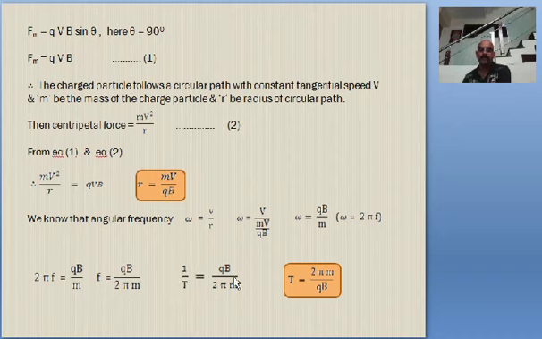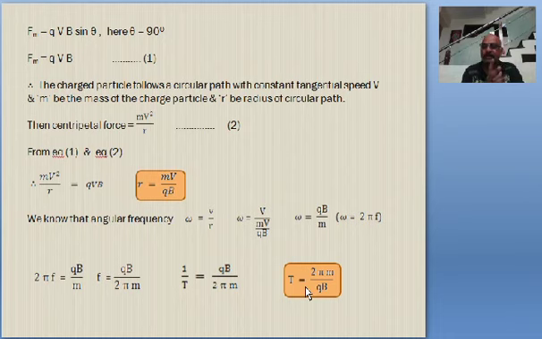So 1 by T is equal to qB by 2 pi m, or T is equal to 2 pi m divided by qB. This is the equation for the time period of the charged particle for one rotation. Time period means time taken for one rotation, and the time taken for one rotation depends on the mass of the charged particle and the charge, and also the magnetic field applied.